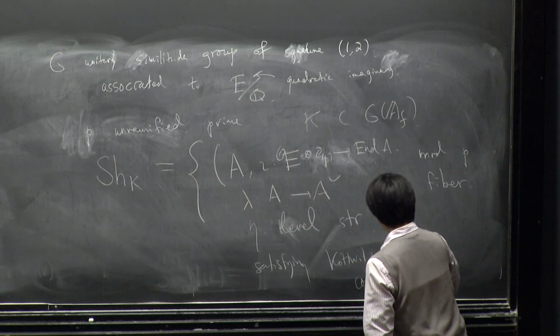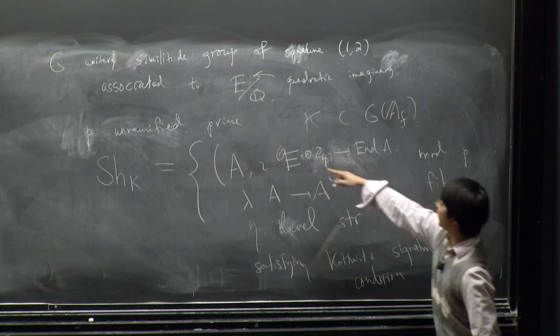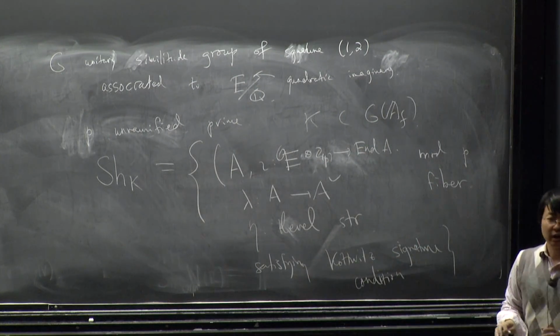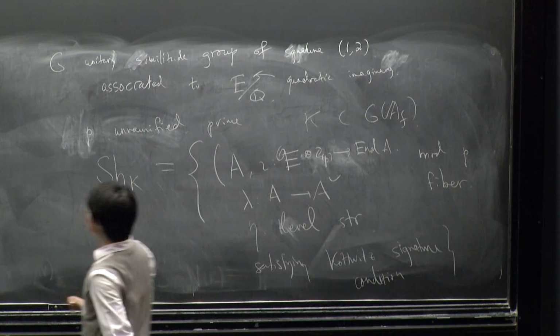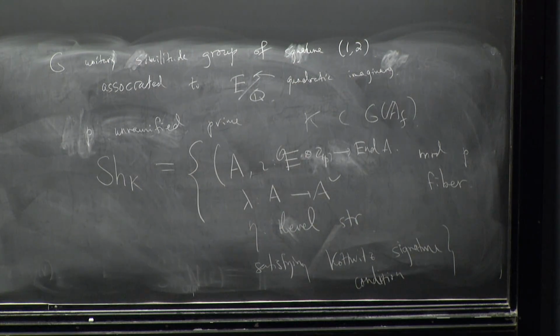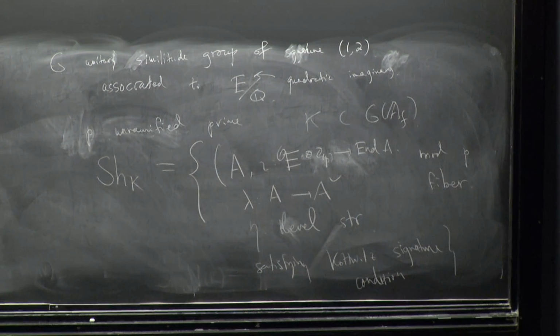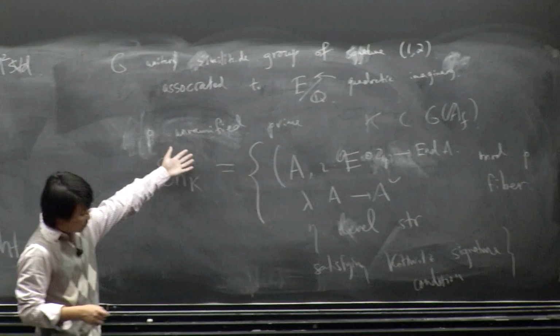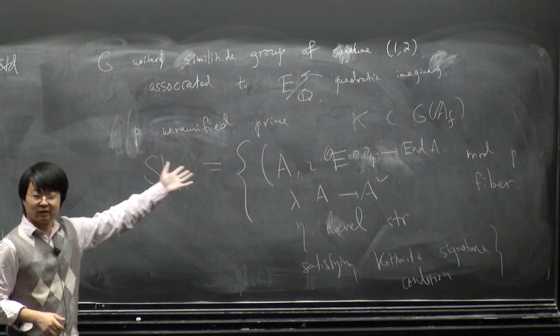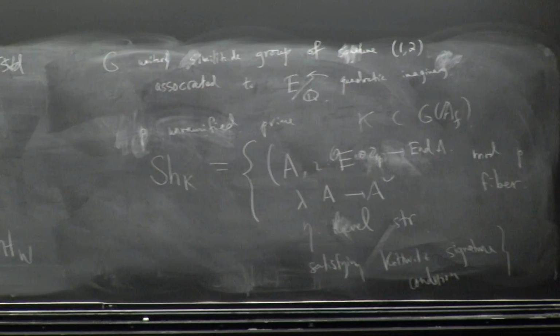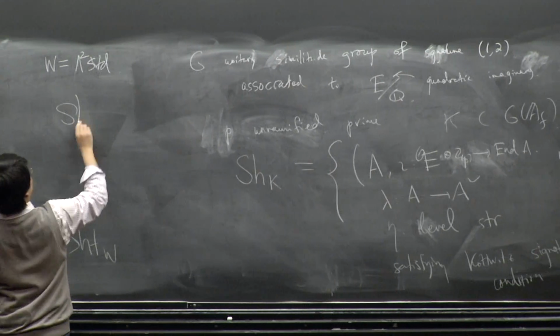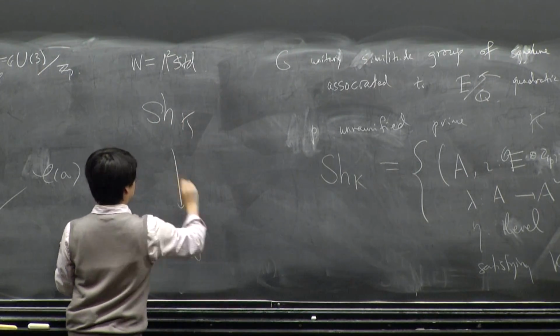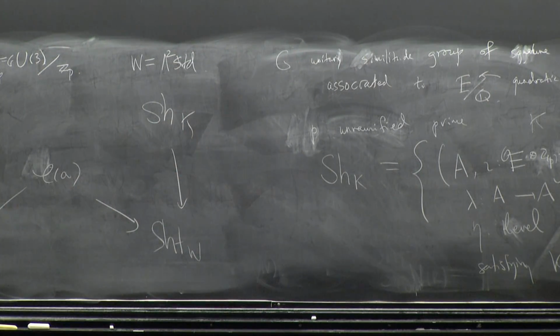So it's going to be some element that acts on the algebra of the abelian varieties of signature 2-1 or something like that. Okay, so it turns out that after taking the p-divisible group of the abelian variety, what you get is a map from this Shimura variety to the moduli of Shtukas, if you just remember the p-divisible group.